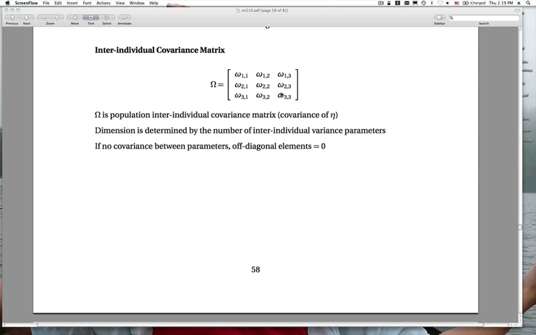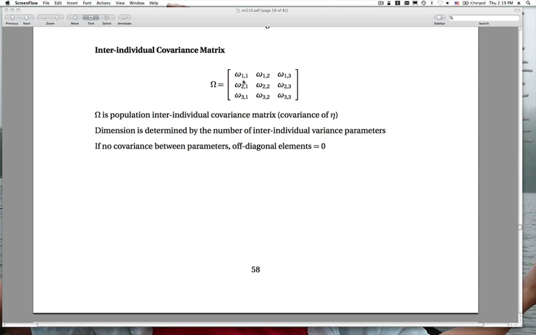So if you have a pharmacokinetic system with maybe a 3-parameter compartmental model, such as a Ka, a clearance, and a volume, you might have a random effect associated with each one of those. And so it could be that omega 1,1 is the random effect variance for Ka, 2,2 might be for clearance, 3,3 might be for volume of distribution. So that represents the variance of the random effects on each of those parameters.